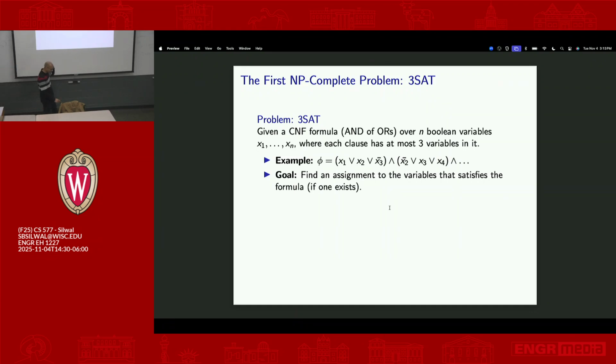I'll define what it is, but you can think of it's like the canonical computational problem, okay? It's NP complete, meaning every problem in NP is polynomial time reducible to this problem. Meaning if I could solve this problem, if I have a hypothetical algorithm for this problem, I can convert it to an algorithm to solve every other problem, okay?